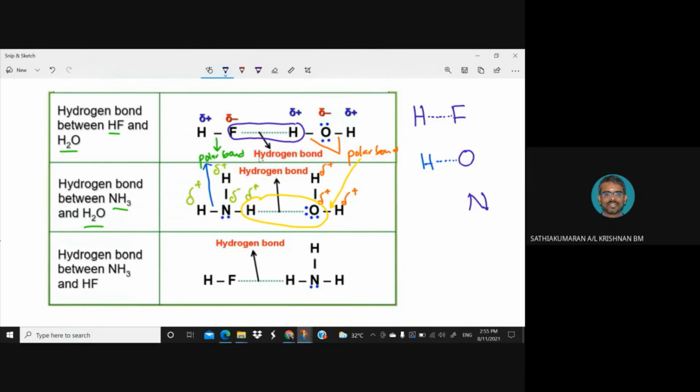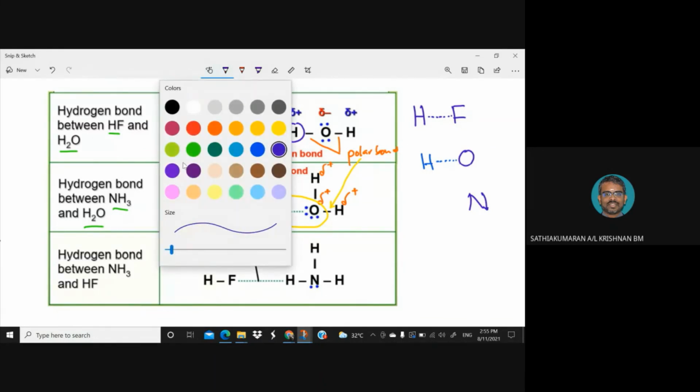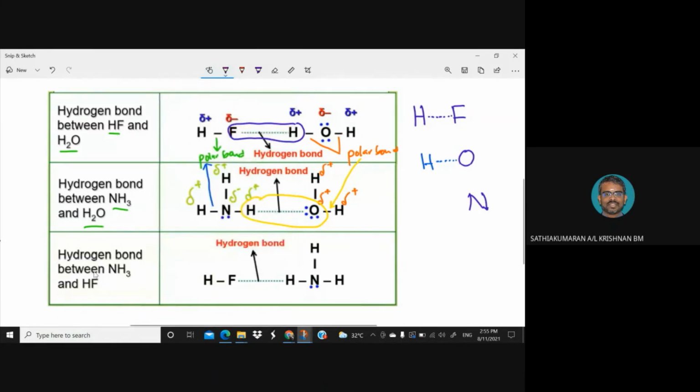Another example: hydrogen bond between ammonia and HF. This is HF. Is this bond a polar bond? Yes, so this is dipole negative, and here will be dipole positive.